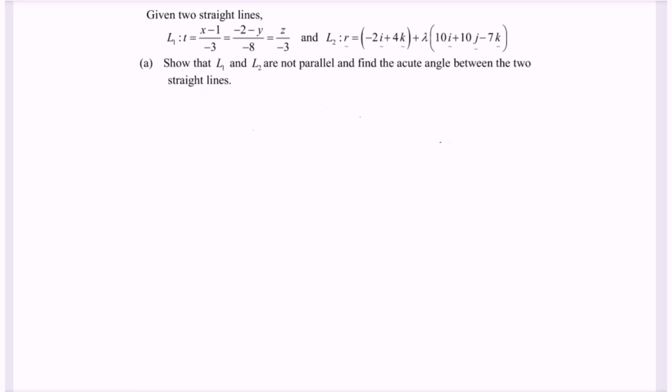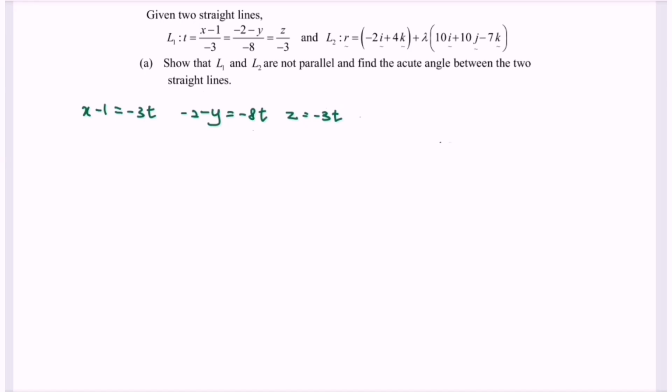So first of all, what we're going to do is express L1 in vector equation. Kindly refer to L1, we have x minus 1 equals negative 3t, y plus 2 equals 8t, then z equals negative 3t.